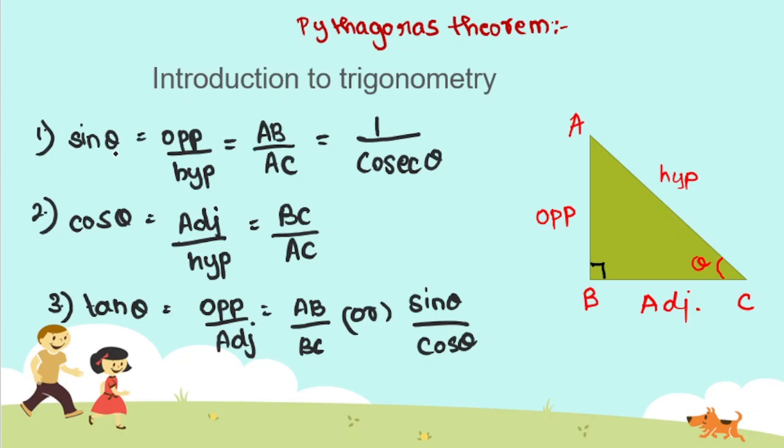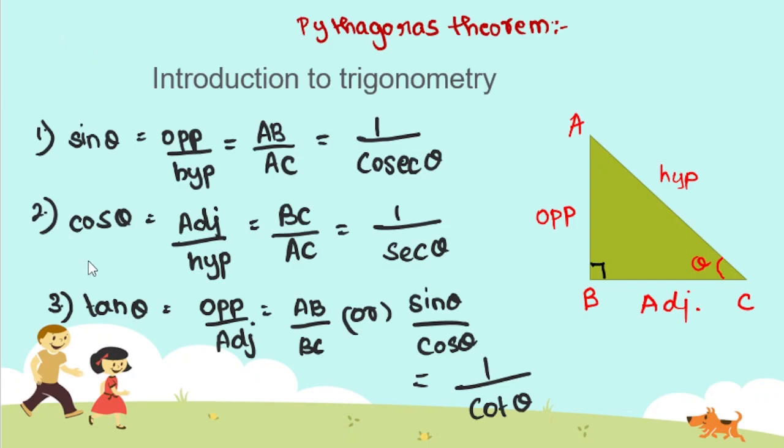And the reciprocal of cos theta is 1 by sec theta. And the reciprocal of tan theta is equal to 1 by cot theta. Right? 1 by cot theta.